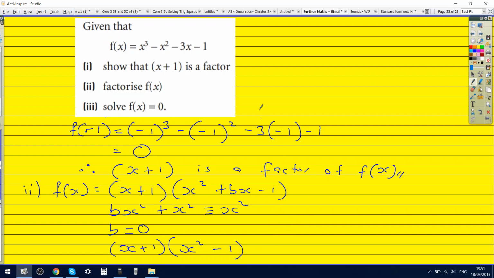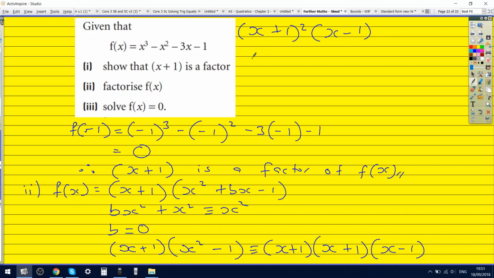Yeah, we know that is a difference of two squares. So we have x plus 1 and x minus 1, so x is either plus or minus 1. And that can be x plus 1 squared and x minus 1.